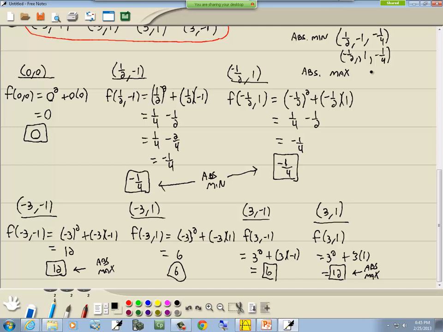And then we'll have our absolute max, which is -3, -1, and 12, and 3, 1, and 12. Okay, now let's graph this.